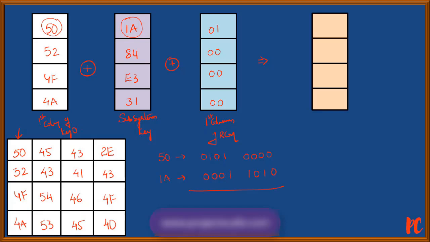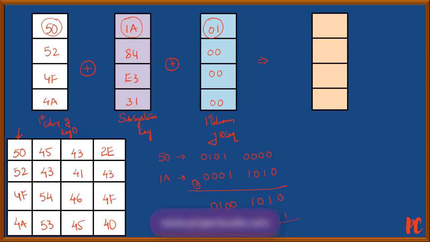On performing the XOR operation, I will be getting 0, 0 remains 0, 0, 1, 1, 0, 1, 0, 0, 1, 0. Again the result is going to make an XOR operation with this first element, which is nothing but 0, 1, 0, 0, 0, 0 followed by 0, 0, 0, 1.